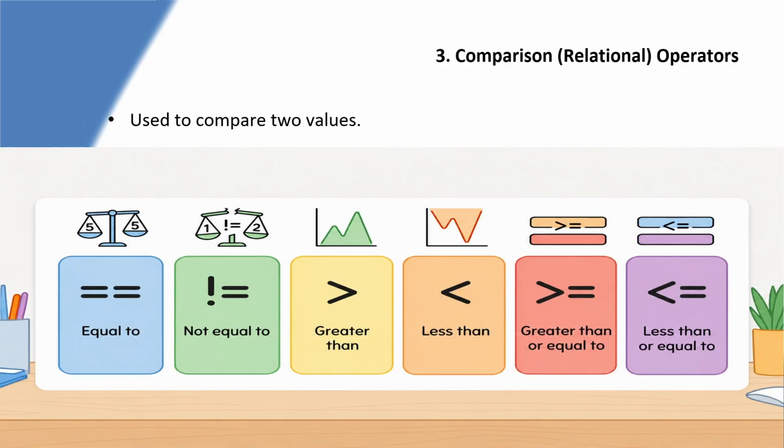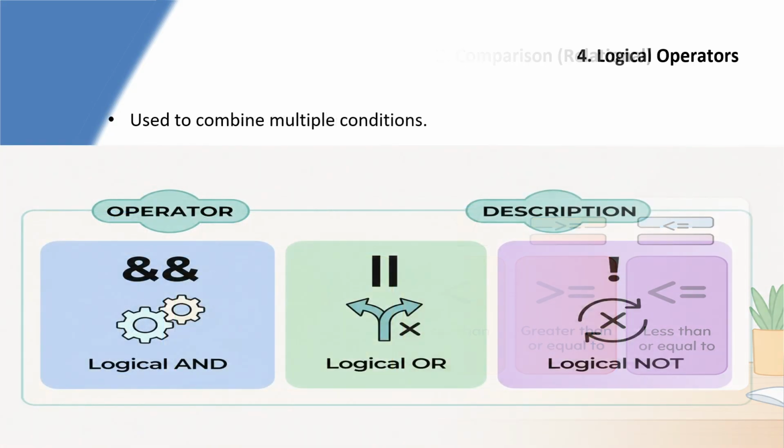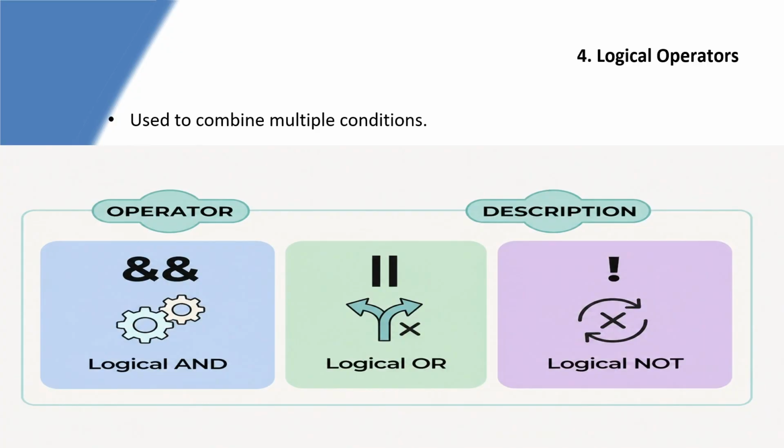Let's move on to the next operator, and that is logical operators. Logical operators are used when working with multiple conditions. The AND operator requires all conditions to be true.